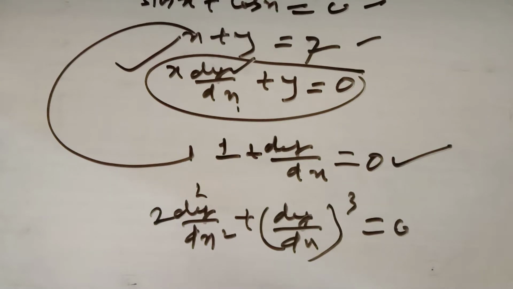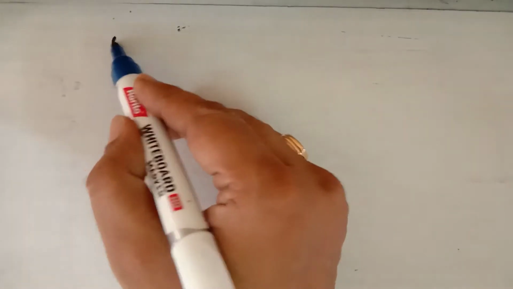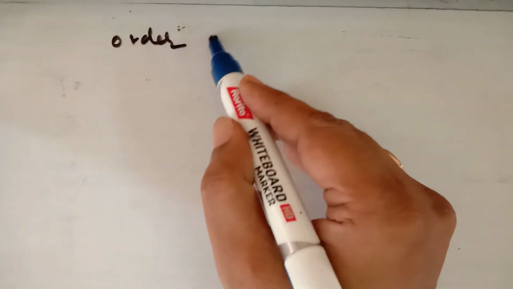So it is a differential equation. So an equation which involves the derivative or derivatives of the dependent variable with respect to the independent variable is called a differential equation. Now after that we have two terms, that is the order and degree of a differential equation.